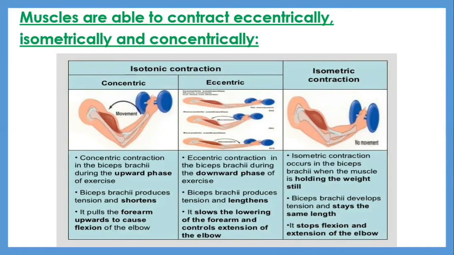If we say eccentric contraction, it means that the muscle lengthens while contracting. If we say isometric contractions, it means that the muscle length remains constant during contraction. And finally, if we say concentric contraction, it means that the muscle shortens while contracting.